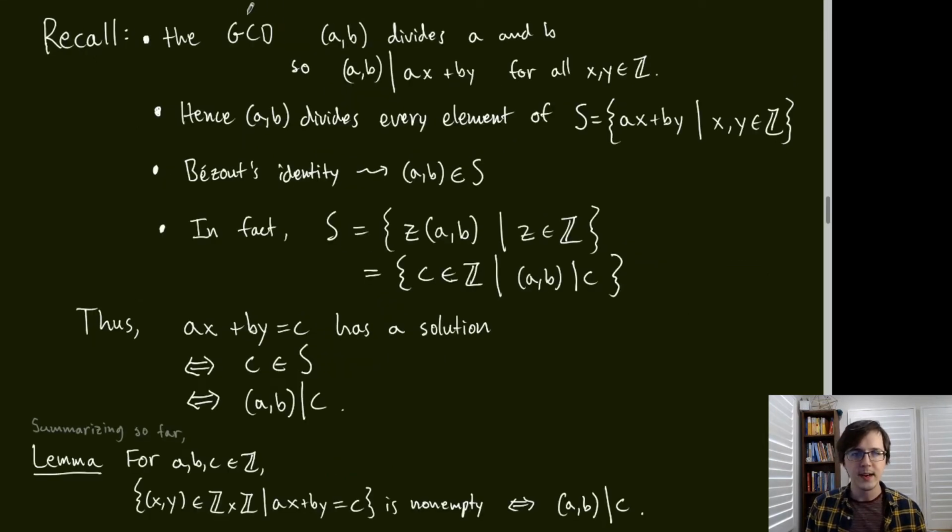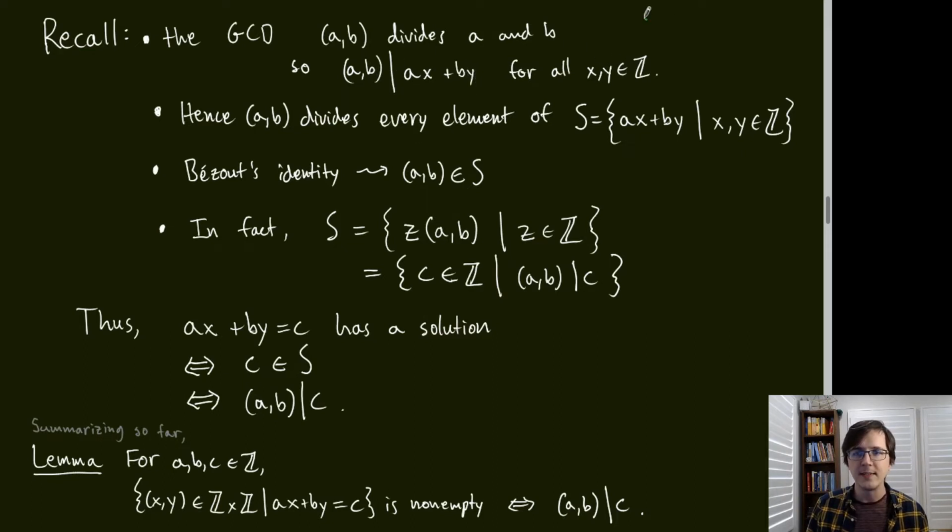On our way to understanding this problem, let's recall a few facts to get started. So first of all, basic fact, by the definition of GCD, the GCD divides both of the numbers we're taking the GCD of. And in particular, by the linearity property, the GCD divides ax plus by for all x and y.